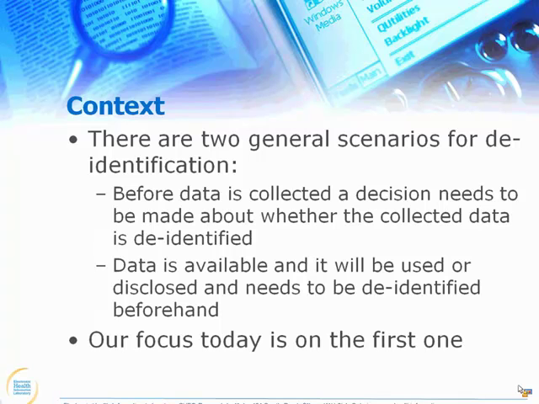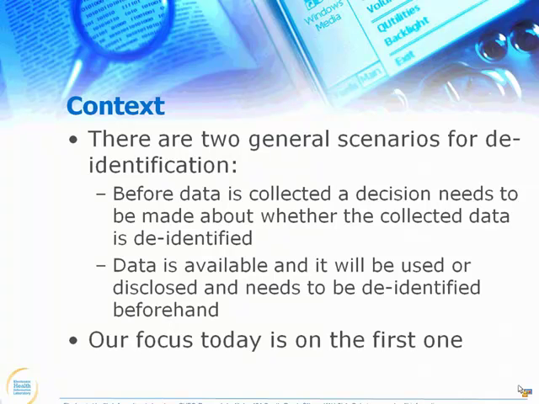One scenario is when the data custodian wants to make a decision or do an analysis on identifiability before any data is collected. A classic example would be the Research Ethics Board has a protocol, and the protocol describes data that will be collected in the future, and the REB needs to make a decision on whether this data is identifiable or not, or whether the risk of identification for this data is high or not.